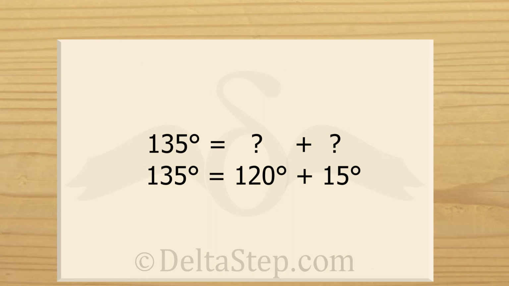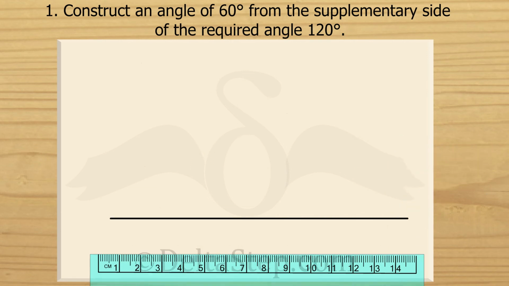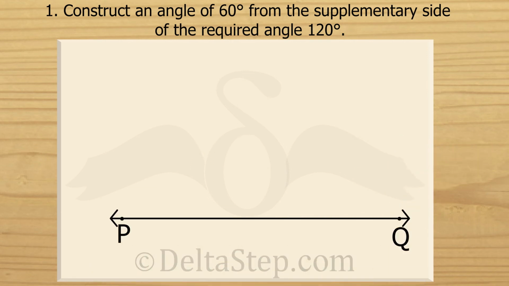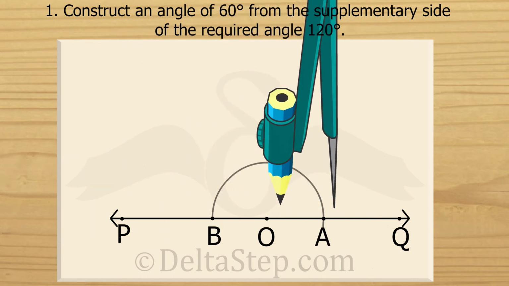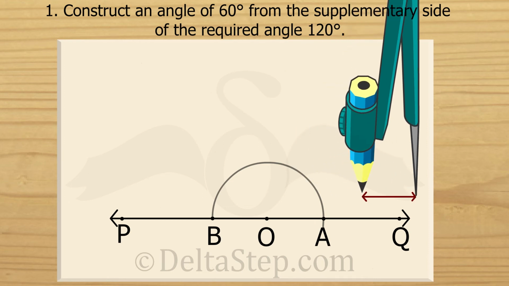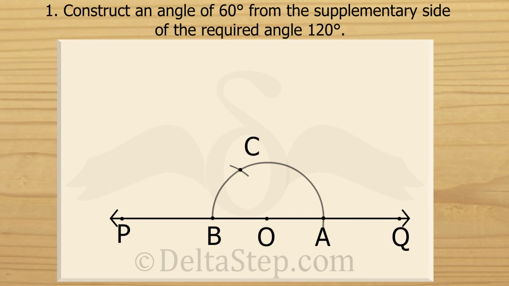So first we draw an angle of 120 degree at point O using the usual method with the help of a ruler and a compass. Or we can just directly draw a 60 degree angle on the supplementary side to get the required 120 degree.